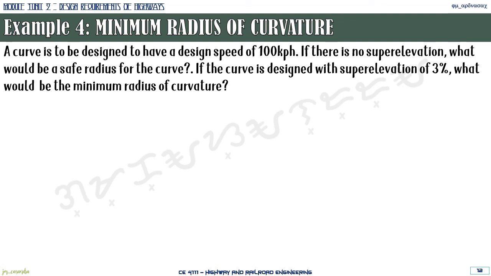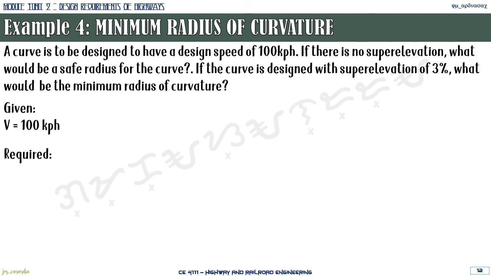So next, we have a curve to be designed to have a design speed of 100 kph. If there is no superelevation, what would be a safe radius of curvature? If the curve is designed with superelevation 3%, what would be the minimum radius of curvature? So for given, we have 100 kph design speed.